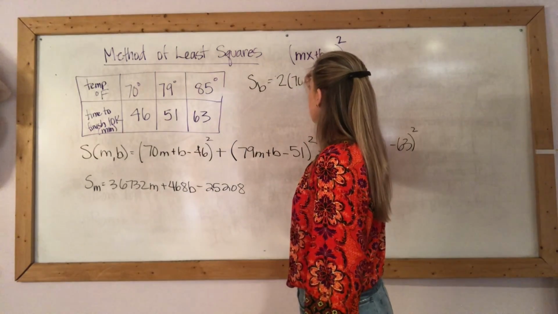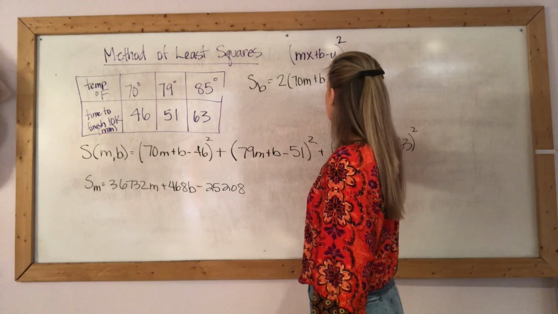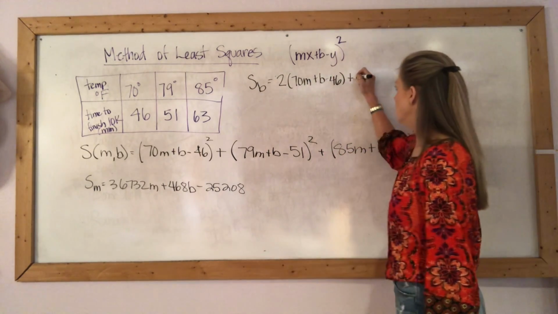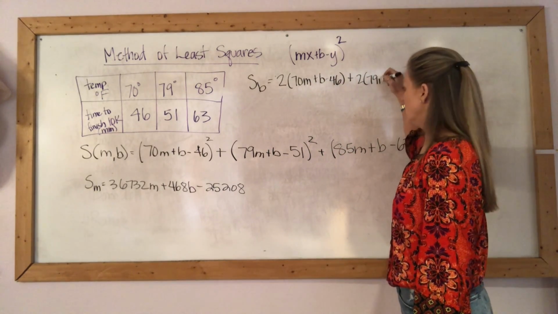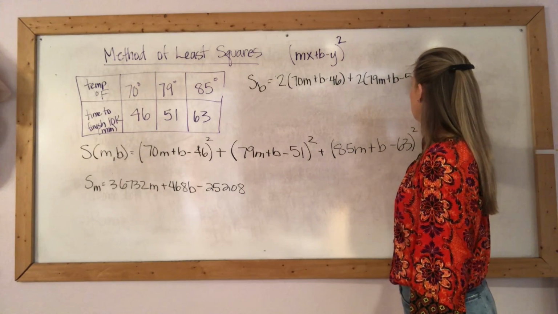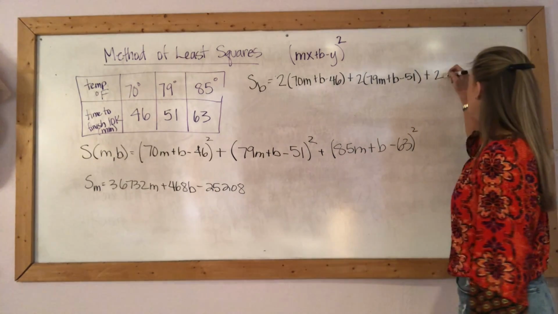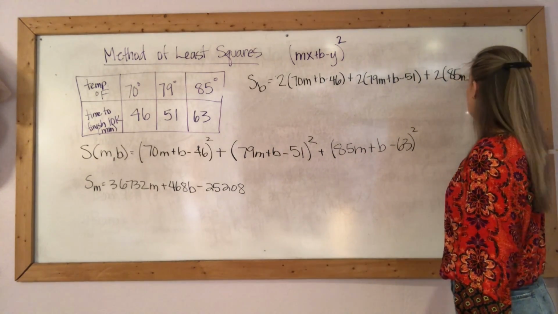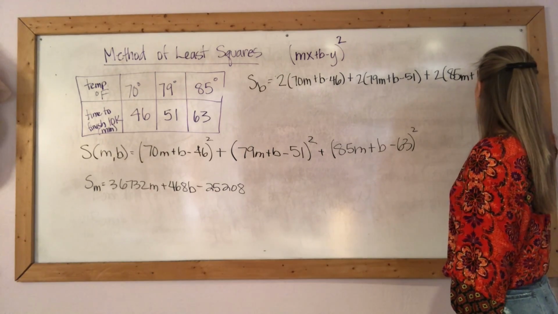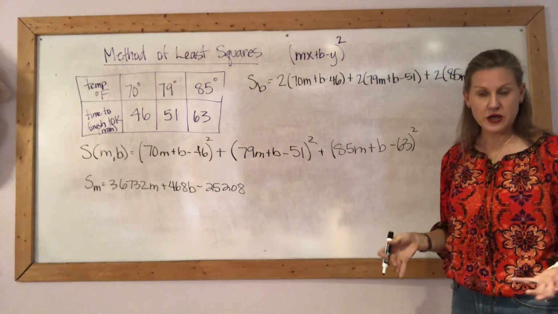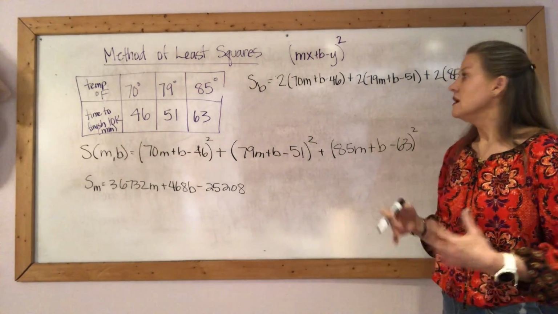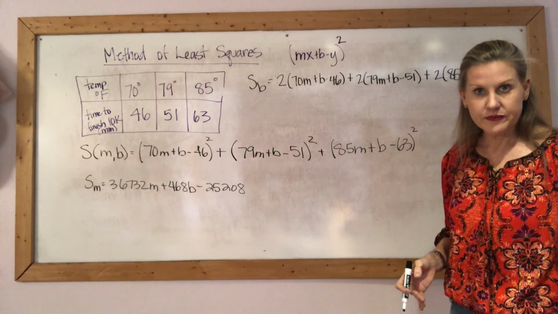So this will be there's my partial derivative with respect to B. Now I'll clean that up.